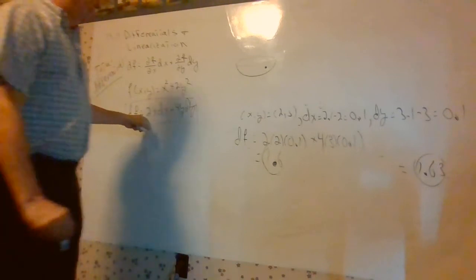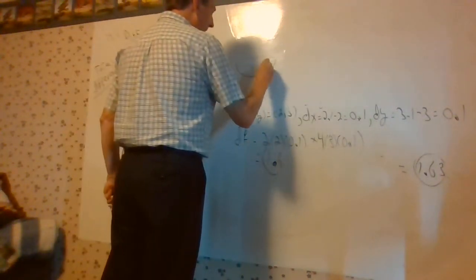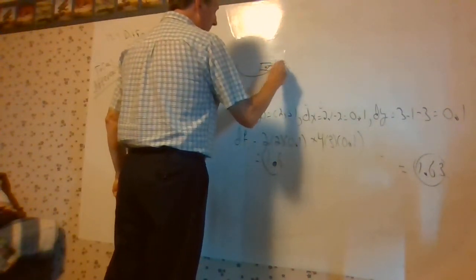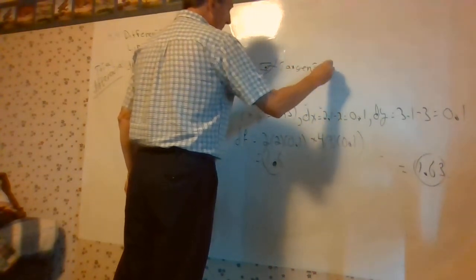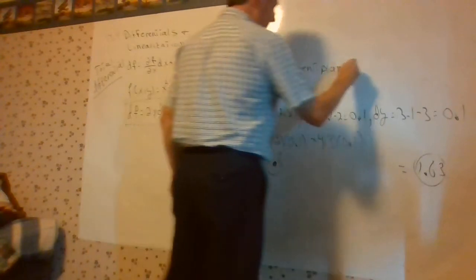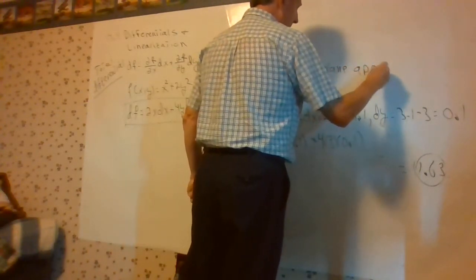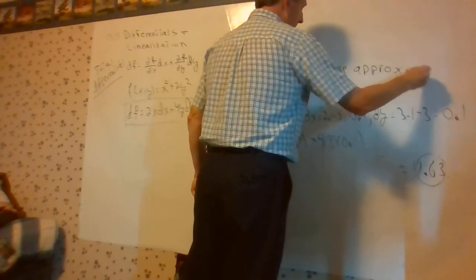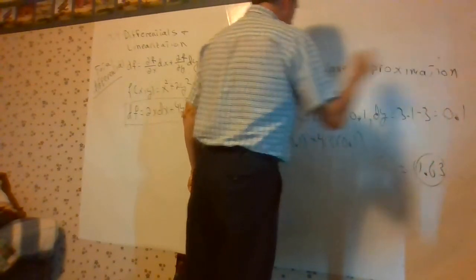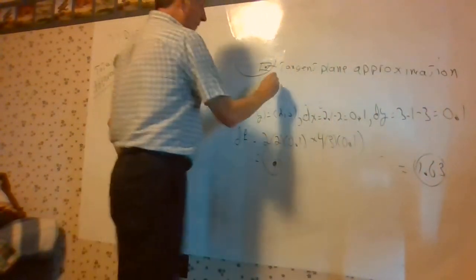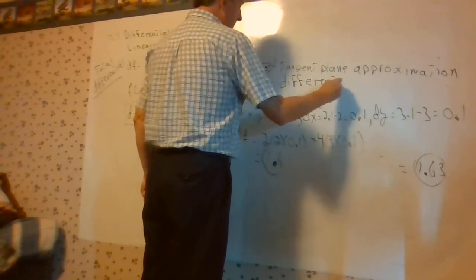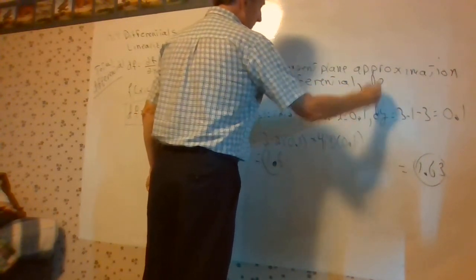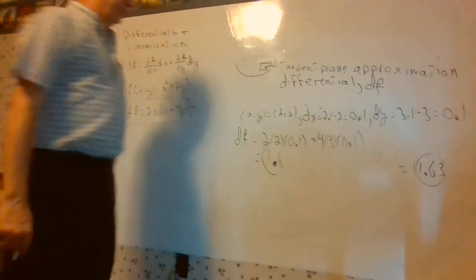This differential actually gives you a tangent plane approximation. That's what the differential of df gives you.